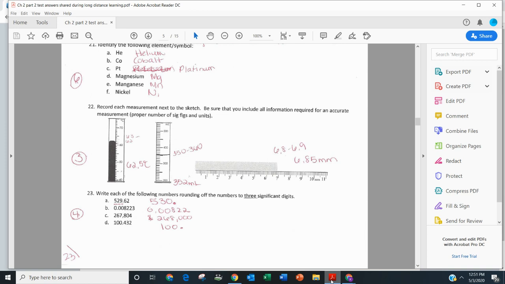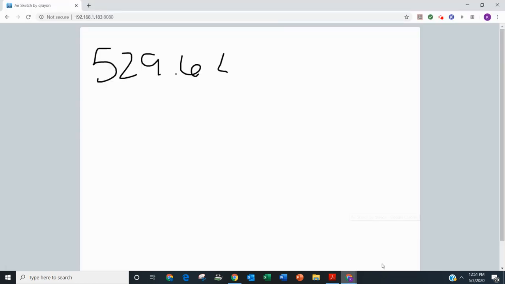So again, if I look at this problem, I don't remember the number now. It was 529.62. The second way of doing the problem is to put it into scientific notation right from the get-go.